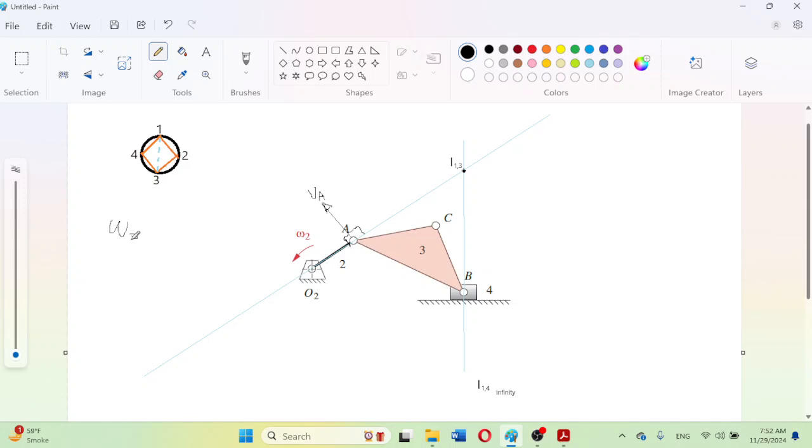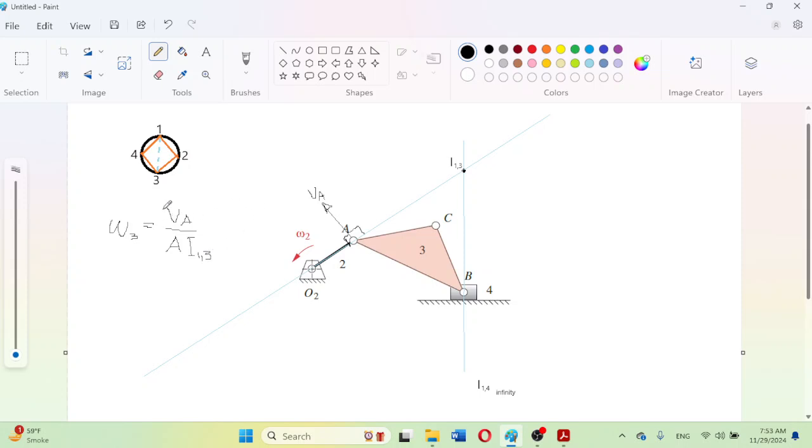I can just write it here that omega 3 will be equal to VA divided by A I1,3.